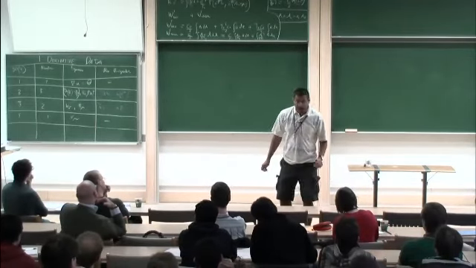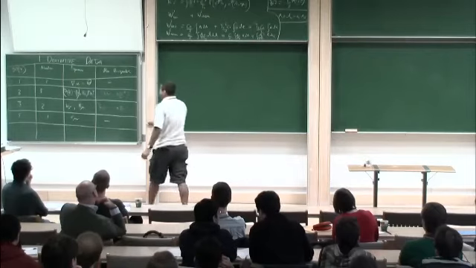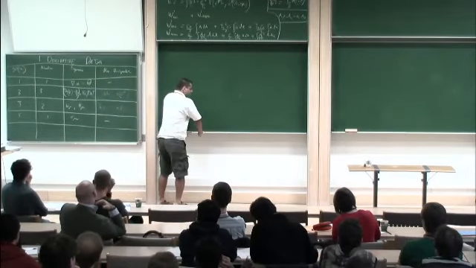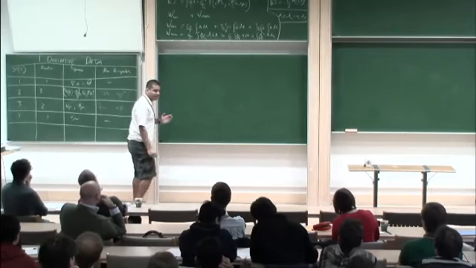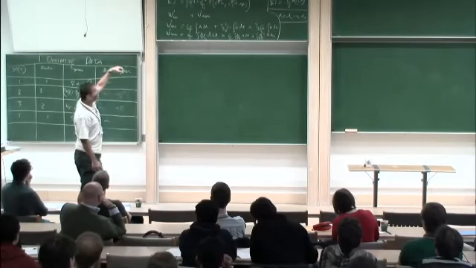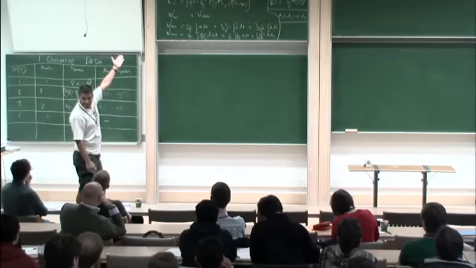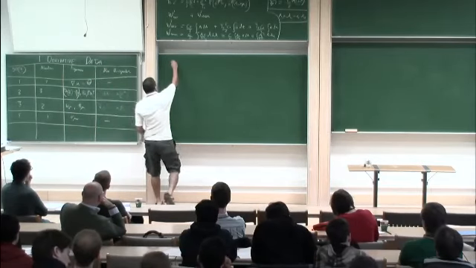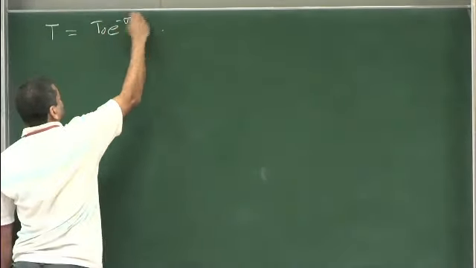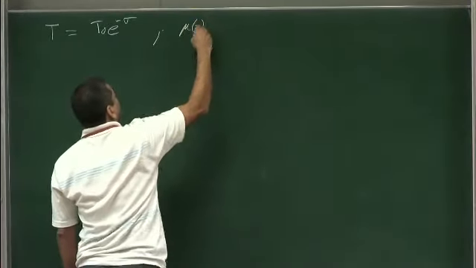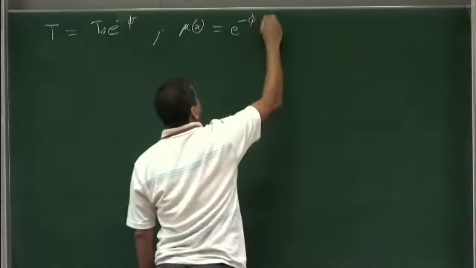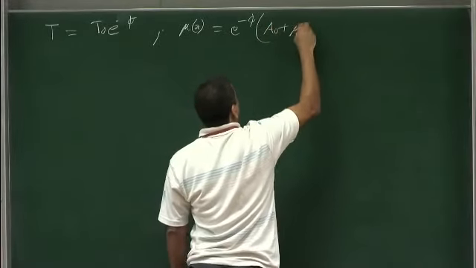Okay, now in this listing of fluid data, something that I said yesterday, but I will say again because it's very important, is that at leading order in equilibrium, the temperature field was the following. It was T naught times e to the power minus sigma. The chemical potential field was e to the power minus phi times A0 plus mu 0.